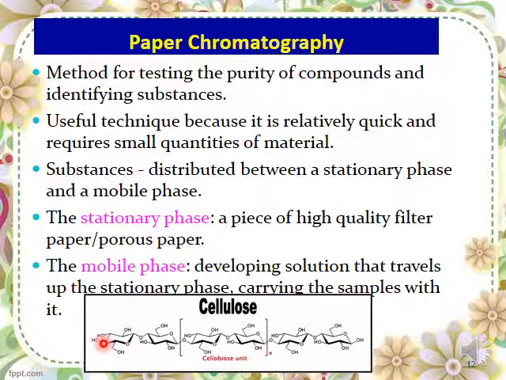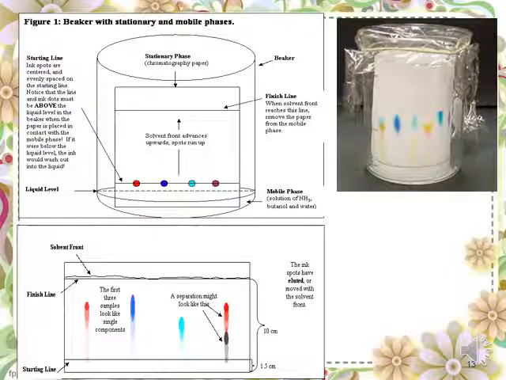So this is the cellulose unit of filter paper. Filter or porous paper is made of cellulose, so these are polar. This is how it is done.